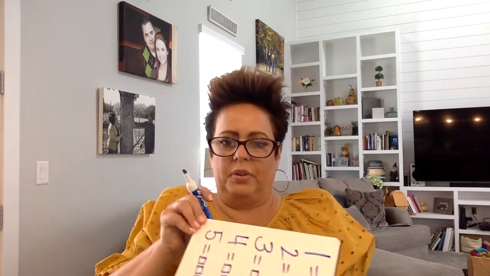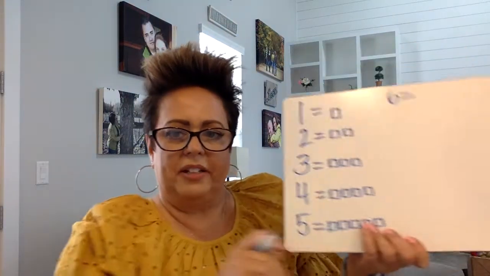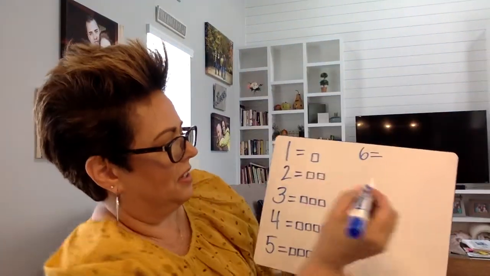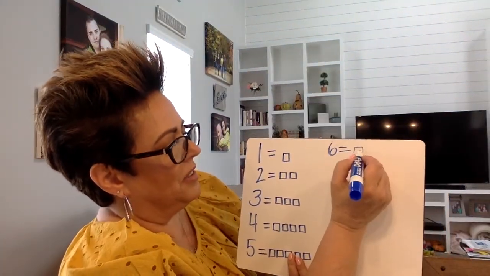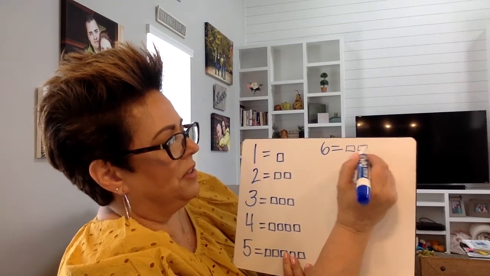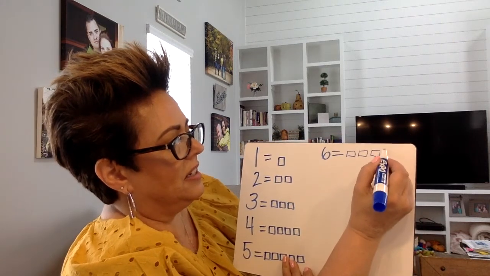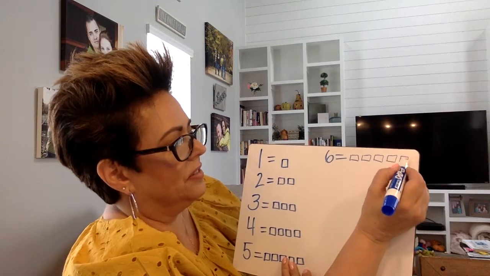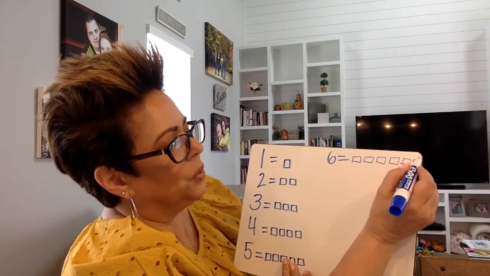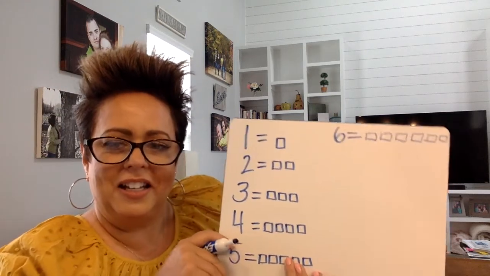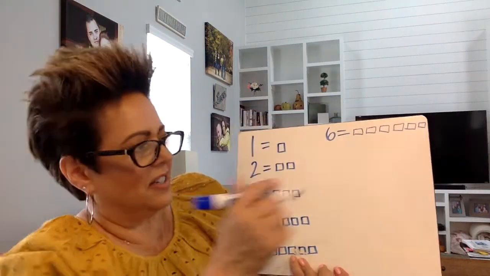Now, show me the number 6. I'm going to go up to the top of my board, and I'm going to put an equal sign. So let's see if Mrs. Hoffman can do this. Okay, my squares aren't going to be as good. So do it with me, and let's draw 6 squares. Ooh, I got to squeeze one in on the end. Okay, make sure you have 6.